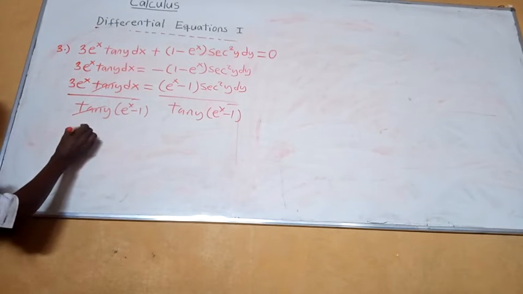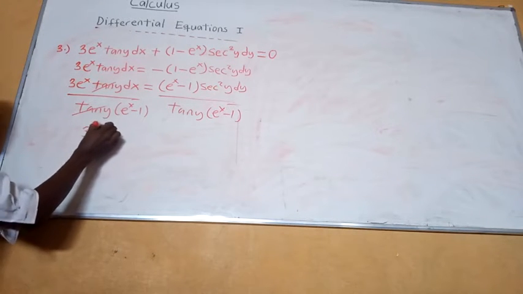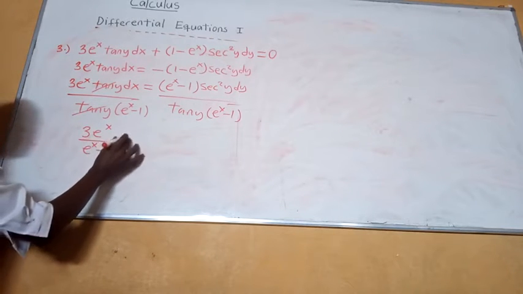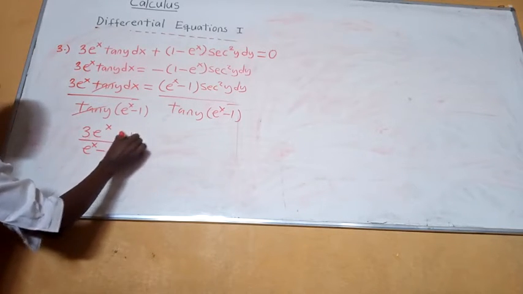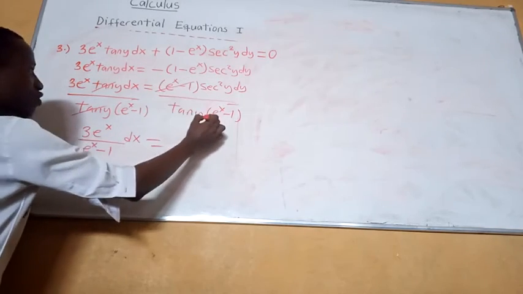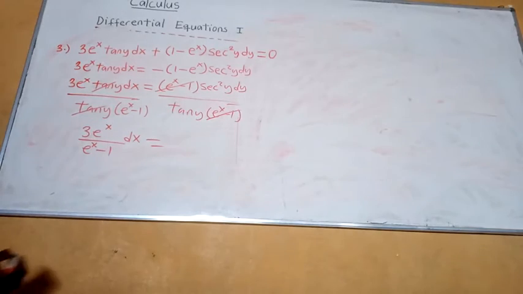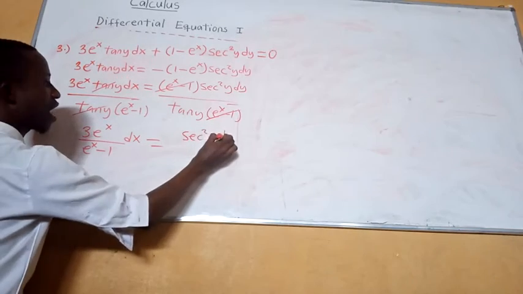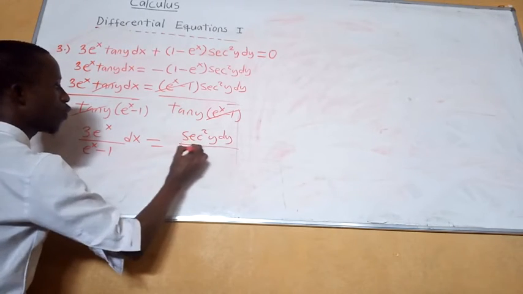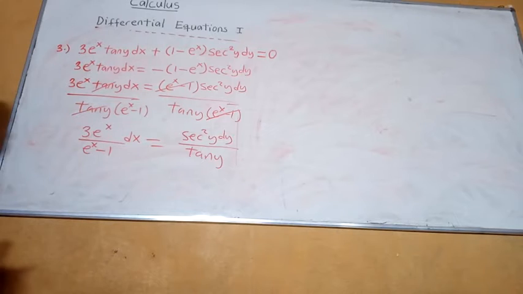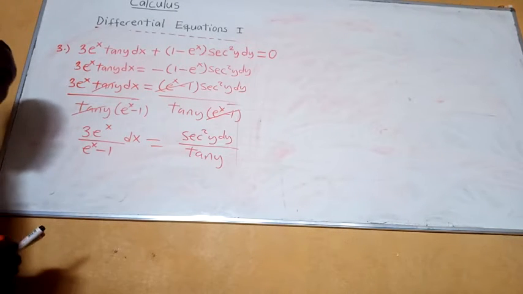We have 3e^x over e^x minus 1 times dx equal to, e^x minus 1 cancels e^x minus 1, so here we have secant square of y dy over tangent of y. So the problem is now set for integration.